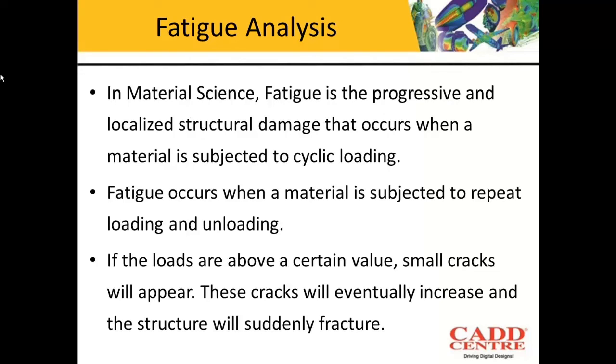That means whenever a design or a model is subjected to cyclic loading. Cyclic loading means the load condition is in a cyclic manner, meaning we are continuously loading and unloading the structure. This situation will go on for a very long time. So whenever such a condition is there, fatigue will occur in that design, and we need to analyze the fatigue life. Fatigue occurs when a material is subjected to repeated loading and unloading, which is nothing but cyclic loading.